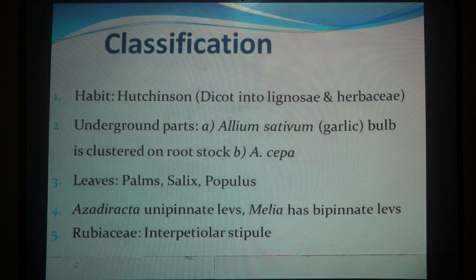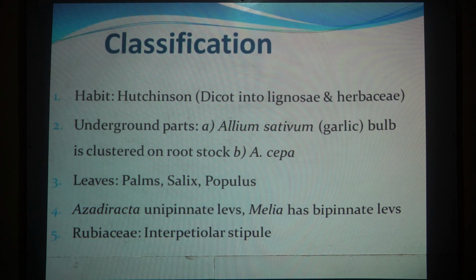So the character of bulb is important in separation and identification of the well-known genus Allium. This Allium is divided into two different species: the bulb is clustered on rootstock as in Allium sativum, garlic, while the bulb is not clustered in rootstock in Allium cepa.